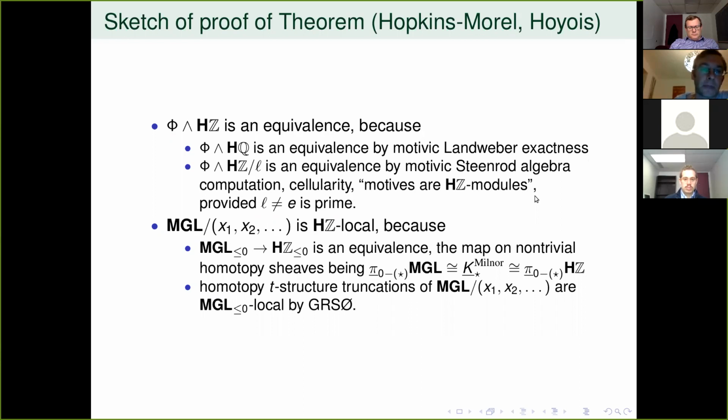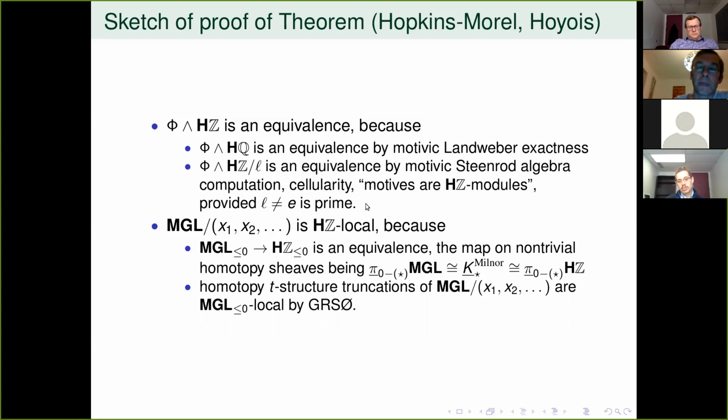And then there's some finite part, and for this argument you use various computations using the motivic Steenrod algebra to get a statement on homotopy groups. And since the spectra involved here are cellular, a result of Dugger and Isaksen gives us that this is then an actual equivalence of motivic spectra.